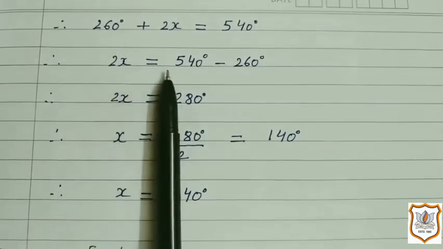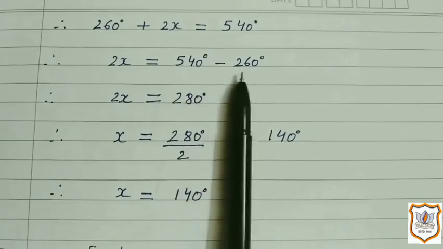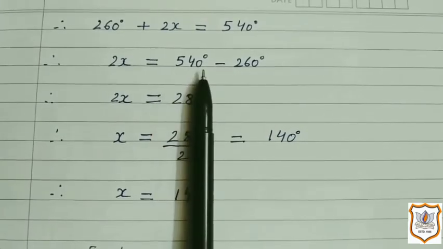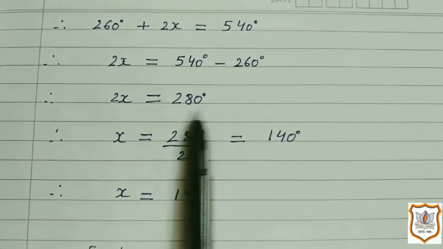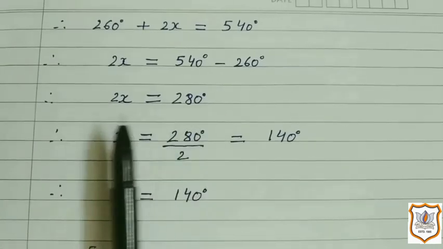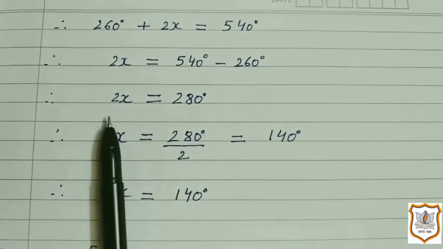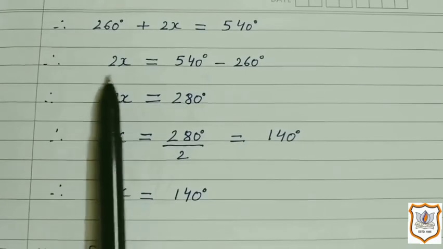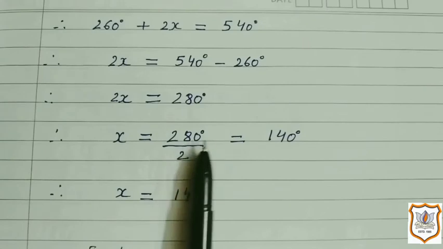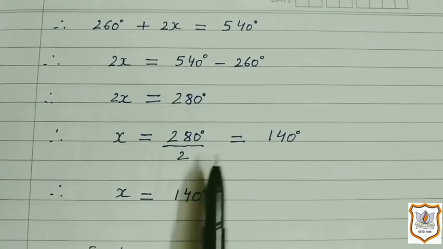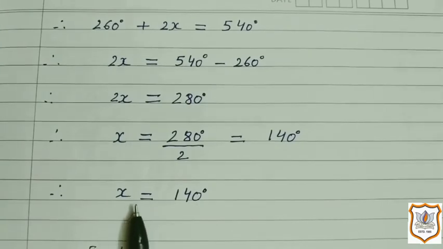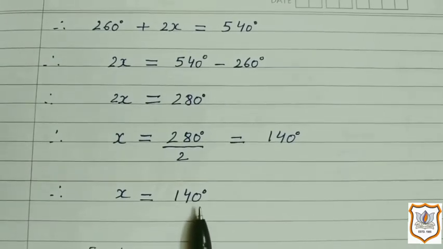So we get 2x is equal to 540 minus 260. When we subtract 260 from 540, we get 280. So we write 2x is equal to 280. Now we use transposition method again and we shift 2 to right hand side. So we write x is equal to 280 upon 2 and we get 140. So the value of x is 140.